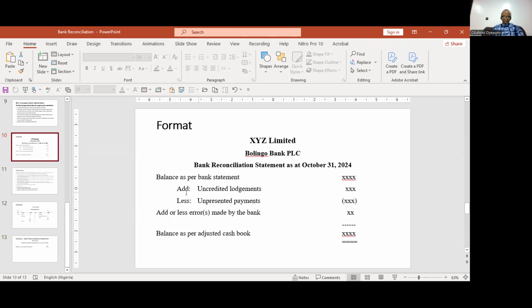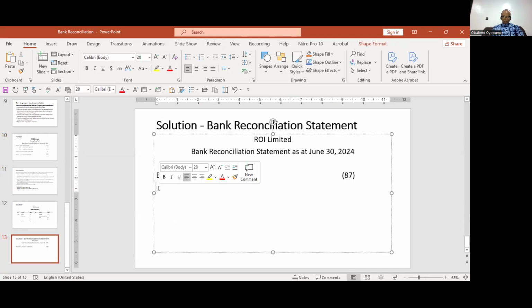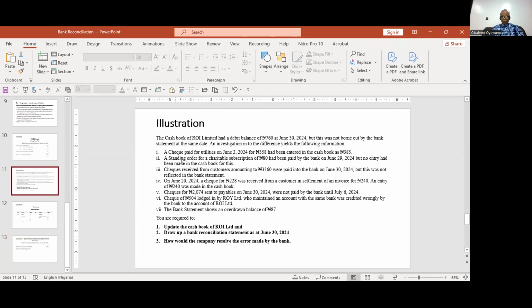Look at what we should do. Don't forget this. You're now going to add uncredited lodgement. How much? Uncredited lodgements, we have identified that before.